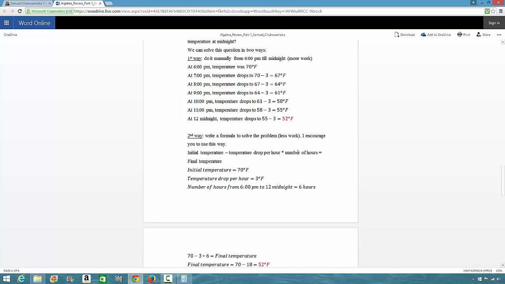But what I want you to learn in this course is to be able to write formulas. Sometimes you will be given problems in pre-calculus algebra, and it does not really have a specific formula. The skill I want you to acquire by the time you finish this course is to be able to write your own formulas to solve the problems.